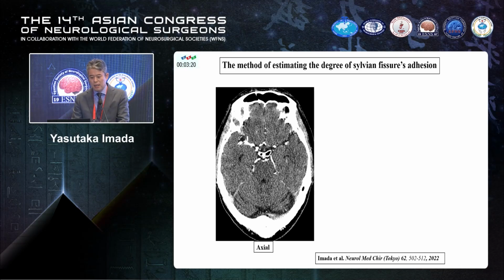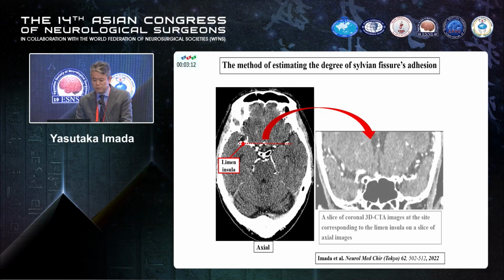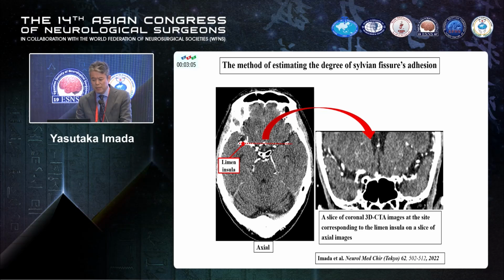Next, I'll talk about the method of estimating the degree of sylvian fissure adhesion. We use a slice of coronal 3D CT image at the site corresponding to the limen insulae on a slice of actual image.